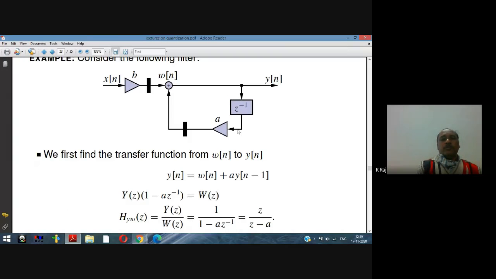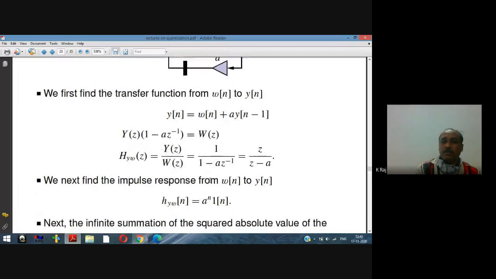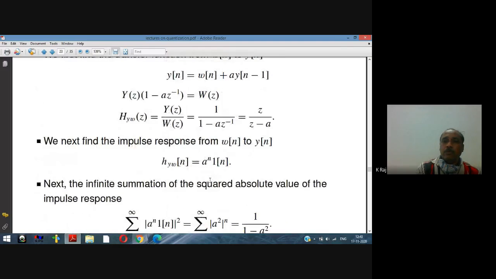Now, consider this filter where x[n] is the input, multiplied by b, and then there is a need for quantization. w[n] is the output here, and y[n] is the final output. Then y[n] may be represented in terms of w[n] in this manner, and finally we get the transfer function of the system with respect to y and w, that is Y(z)/W(z), which becomes 1/(1 − a z⁻¹), that is z/(z − a).